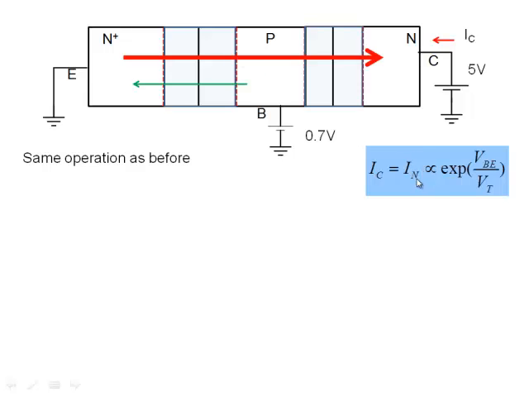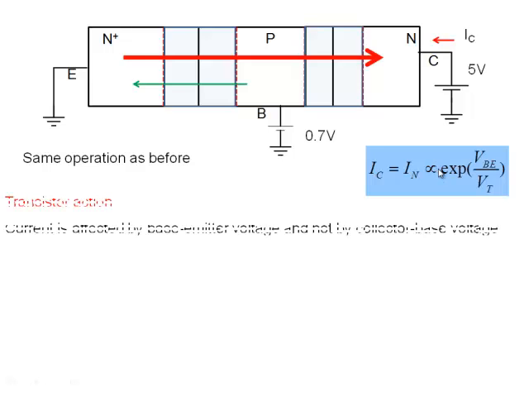And that current will go exponentially with base emitter voltage. Why? Because it's a PN junction diode. Base emitter is nothing but a PN junction diode. The number of electrons that are injected change exponentially with base emitter voltage here. So IC, which is IN, injected across this particular junction, is simply exponent of VBE by VT, with the proportionality constant equal to some saturation current.